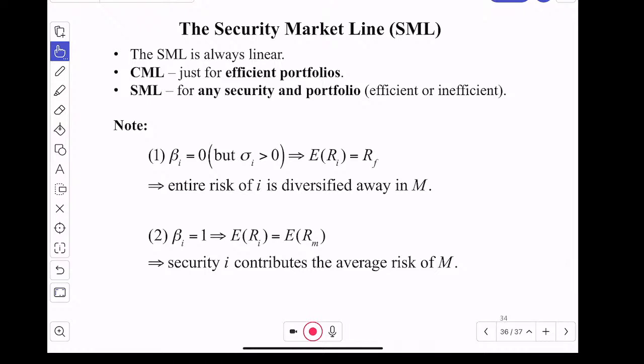Notice that if beta i is equal to 0, that will force every asset with no risk to have the same return as the risk-free rate.